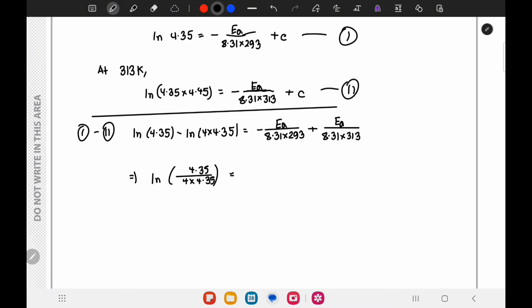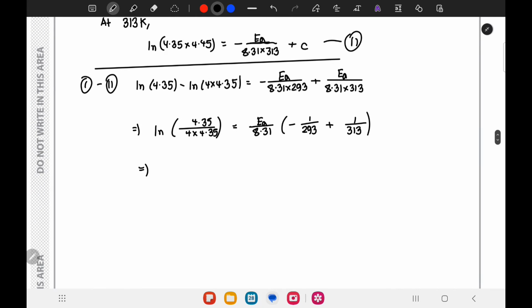On the right, we can take EA by 8.31 common over here, and then inside this, we basically have minus 1 by 293 plus 1 by 313. On the left, we have ln 1 by 4, since we can cancel the 4.35s out.